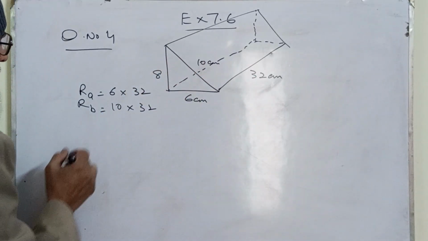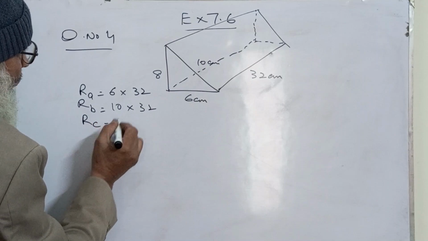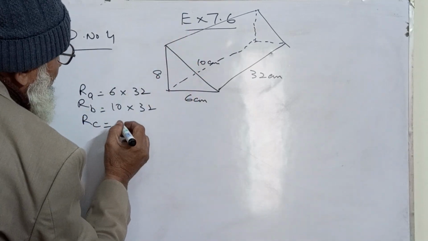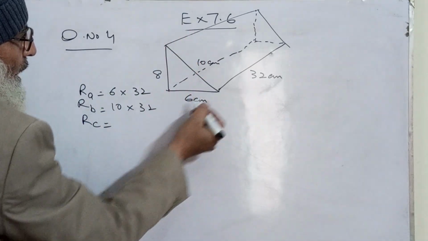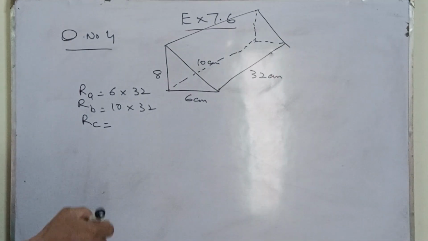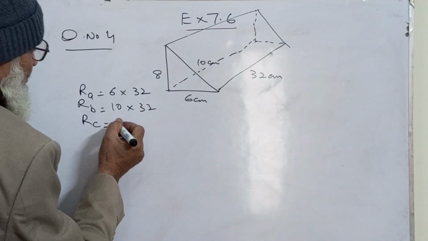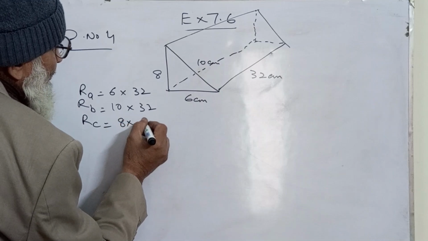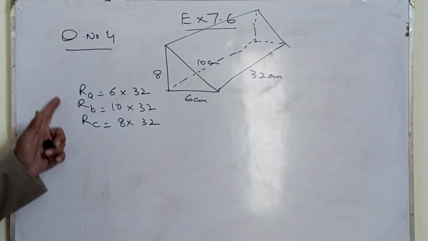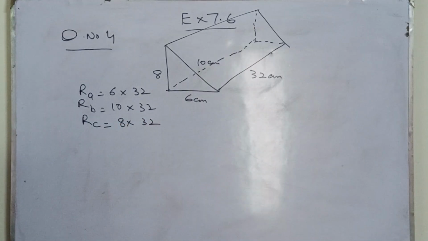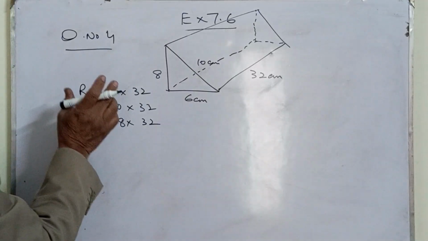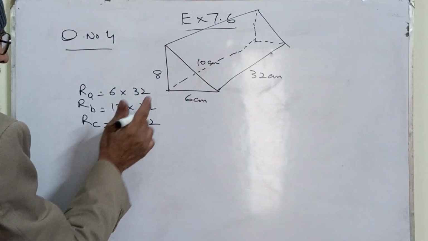And rectangle C is 8 multiplied by 32. The length of each is the same, but the breadths are different. Now there are three rectangles. Okay, now we'll find the area of each rectangle.